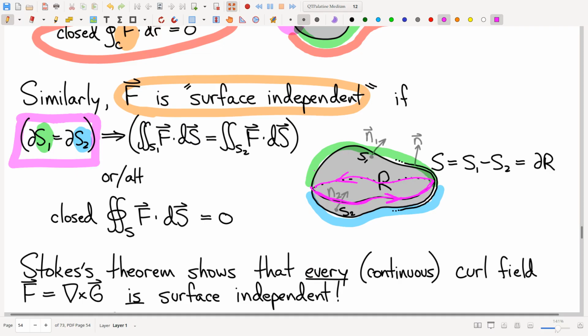All right, we get that purple curve. By the way, you'll notice that I have oriented the green top surface upward. I have oriented the bottom blue surface also upward.